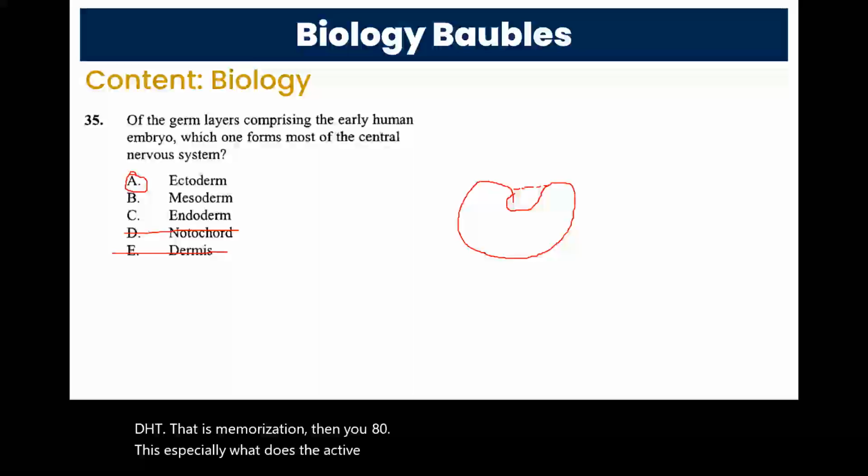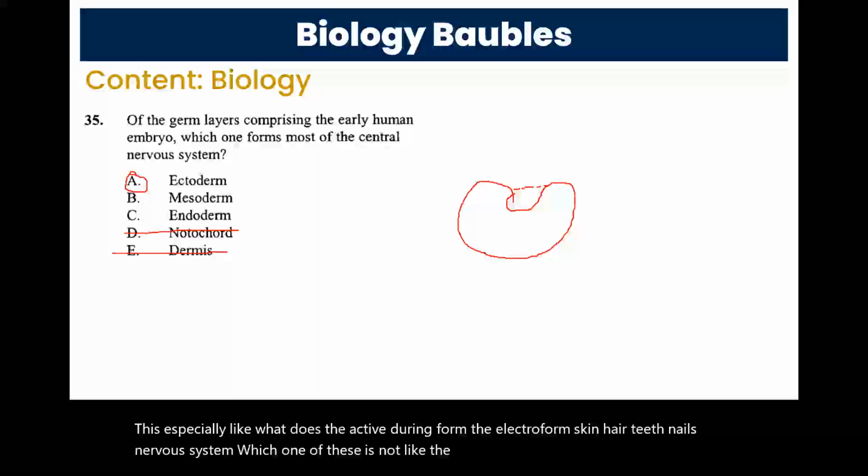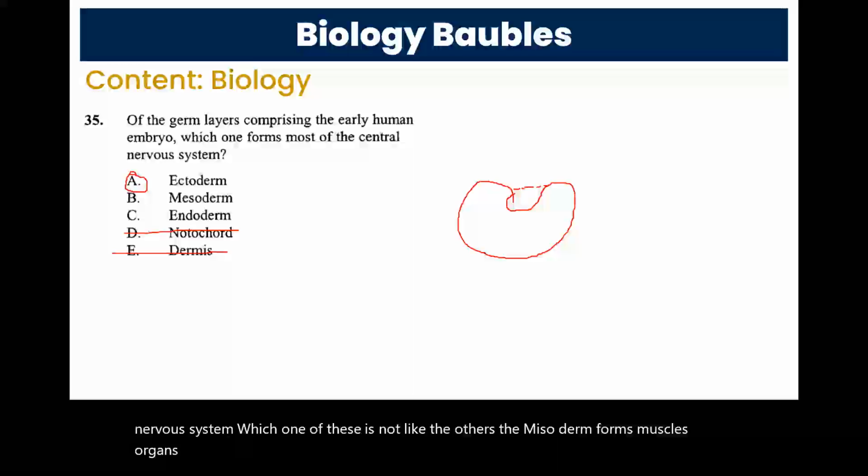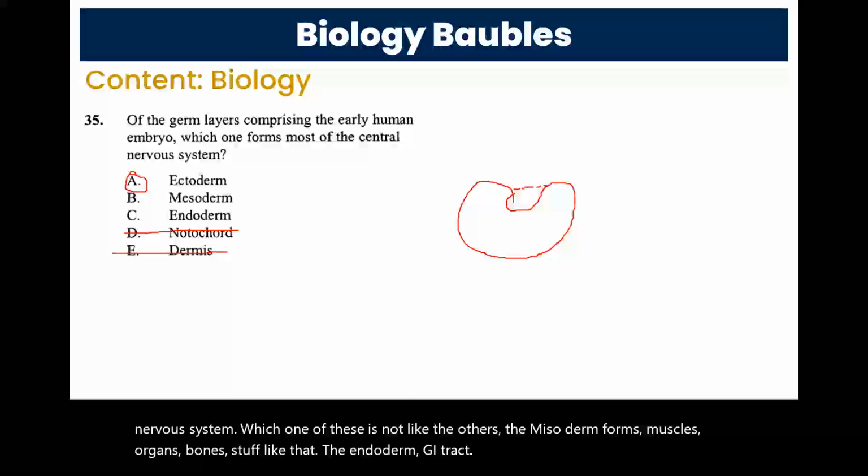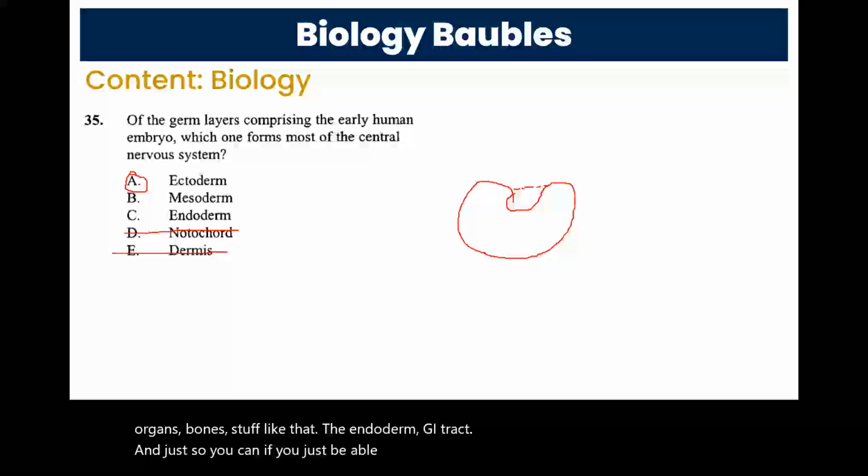The ectoderm forms skin, hair, teeth, nails, nervous system. Which one of these is not like the others? The mesoderm forms muscles, organs, bones, stuff like that. The endoderm, the GI tract. Just being able to list that stuff off is what is going to make this a doable question at the end of the day.